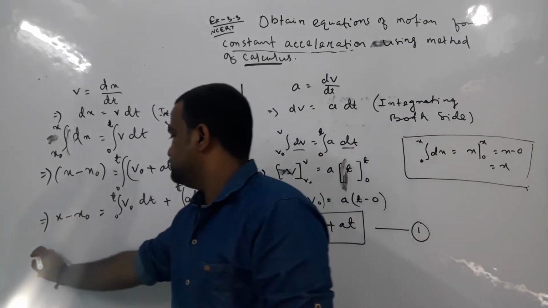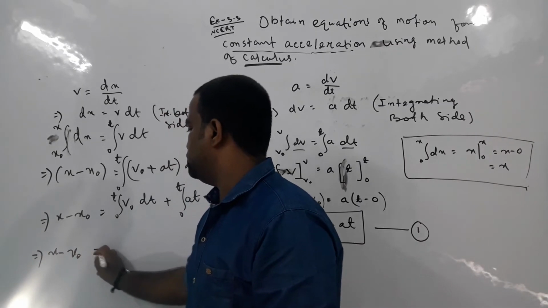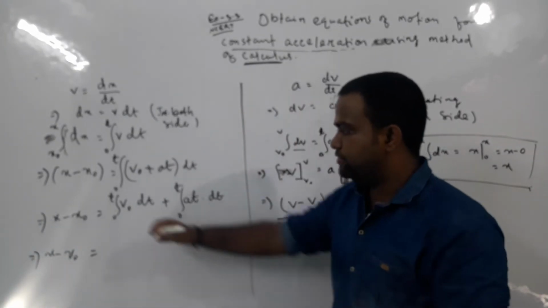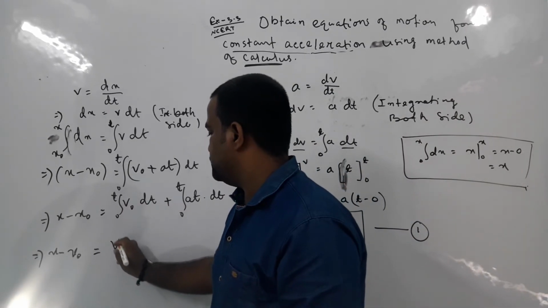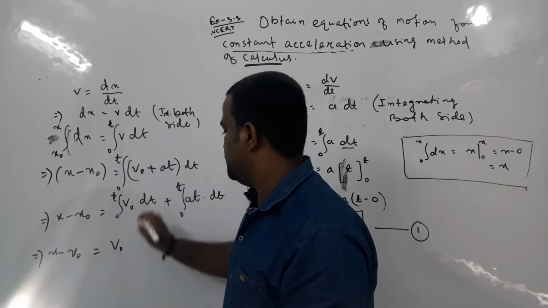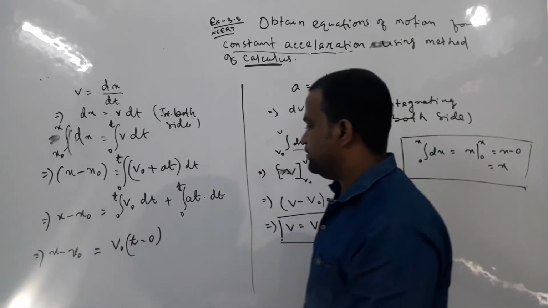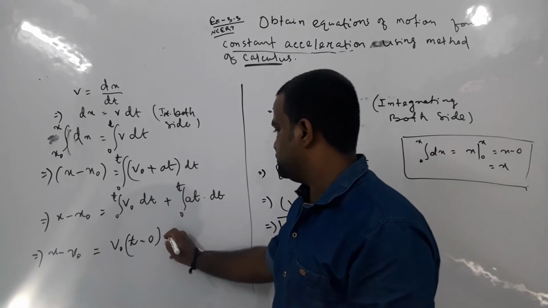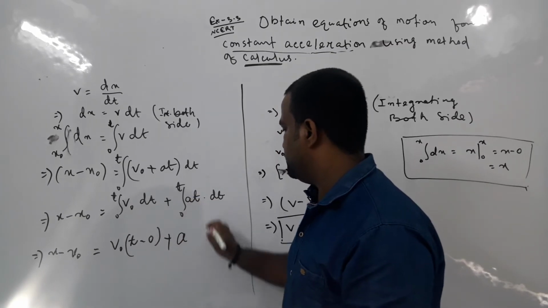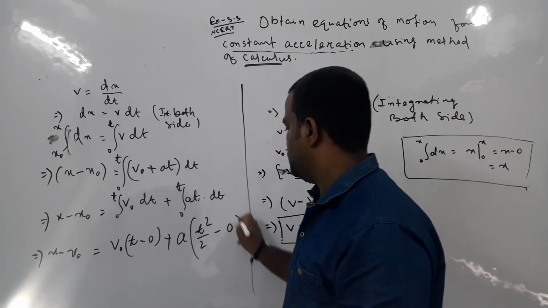Now x minus x0 is equal to, v0 is a constant, the starting or initial velocity. So it should be v0 times the integral of dt, which is t minus 0, upper limit minus lower limit, plus at dt. a is constant, it will come outside. The integral of t is t square by 2 minus the lower limit.